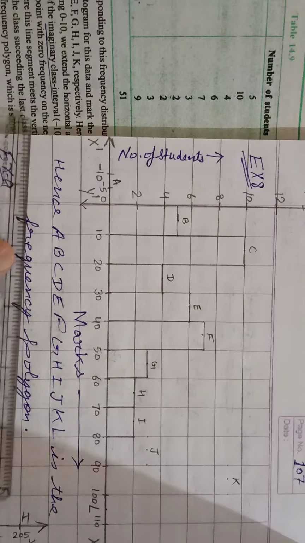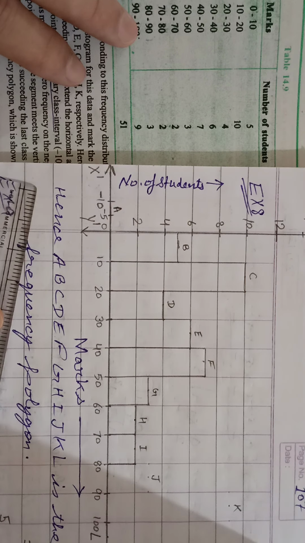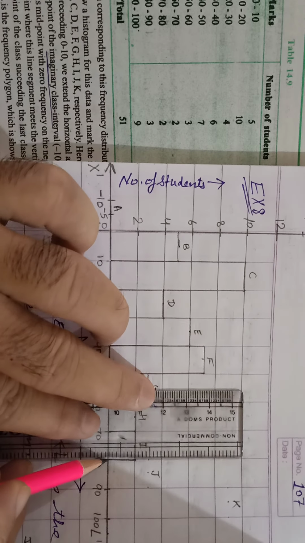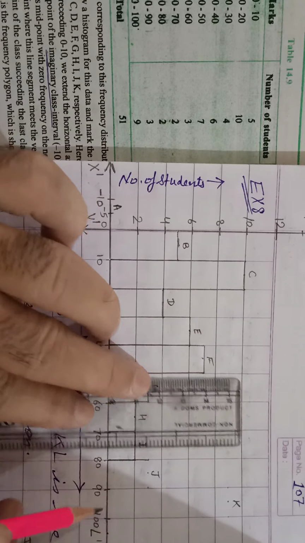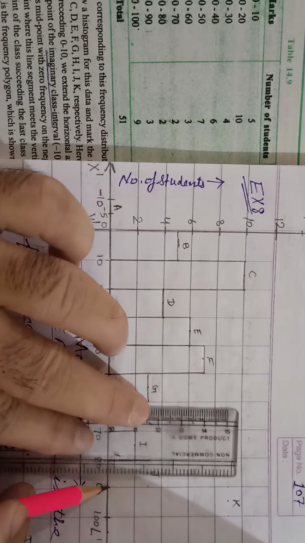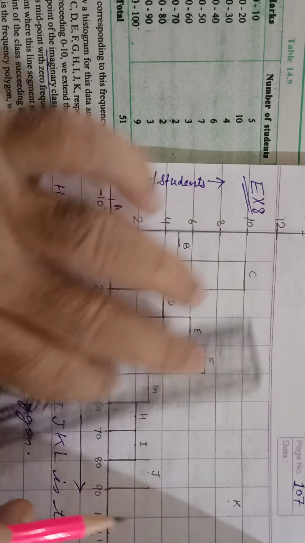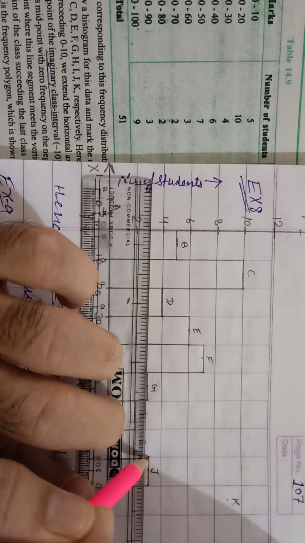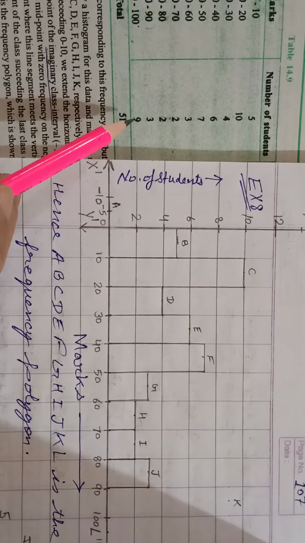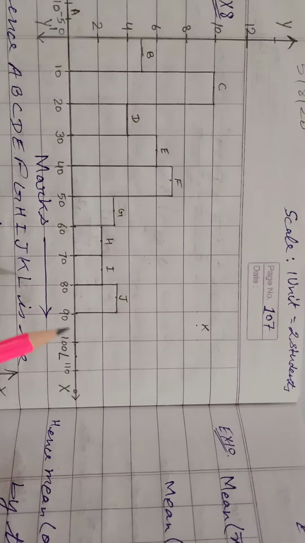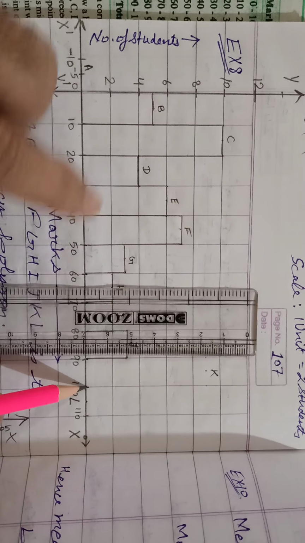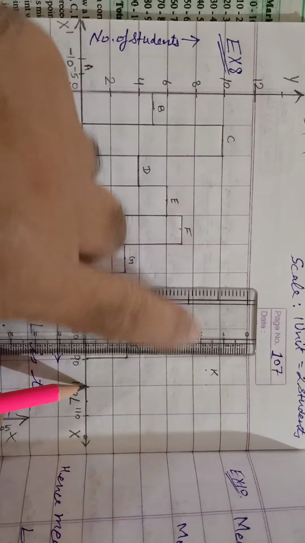And 80 to 90, 3. And 90 to 100, 9 students. Now last class interval 90 to 100, number of students 9.